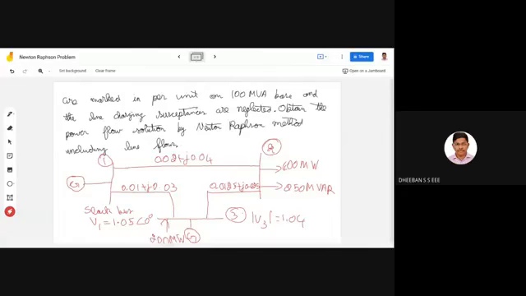It is a 3x3 matrix. You can easily form the Y-bus. You have to be very clear: the given values are impedances, so you have to take the reciprocal of each value, and then form the Y-bus. Try to form the Y-bus matrix.